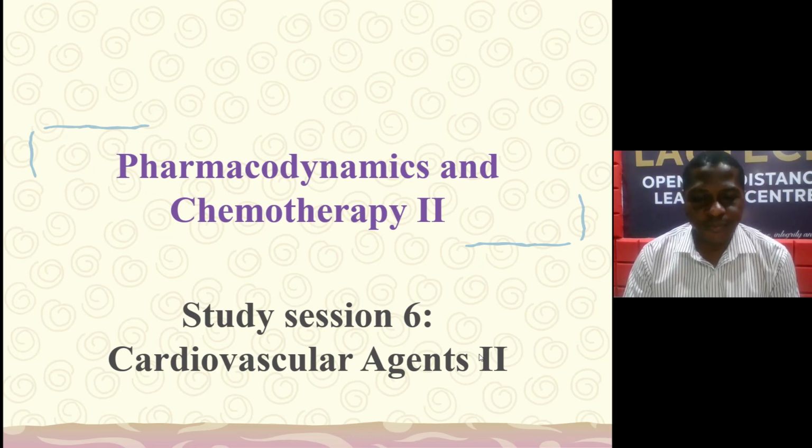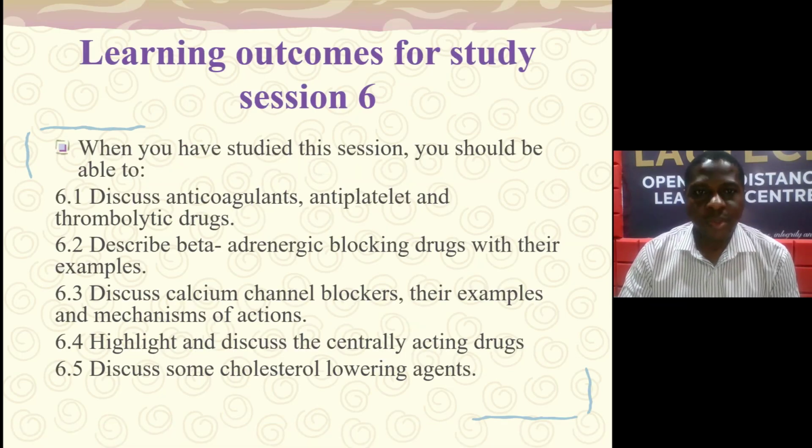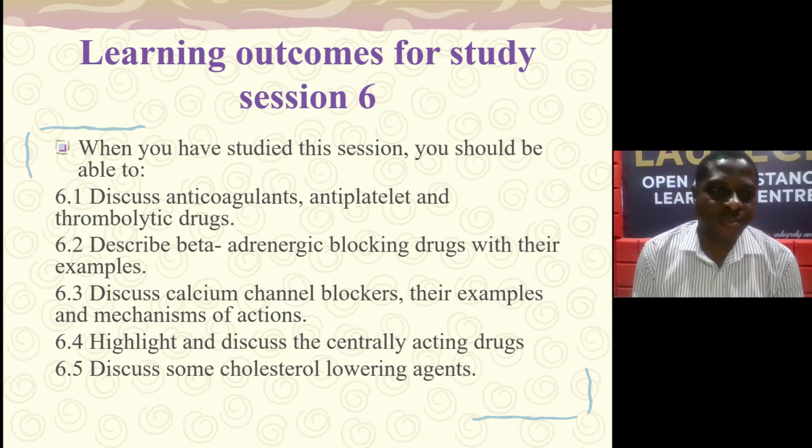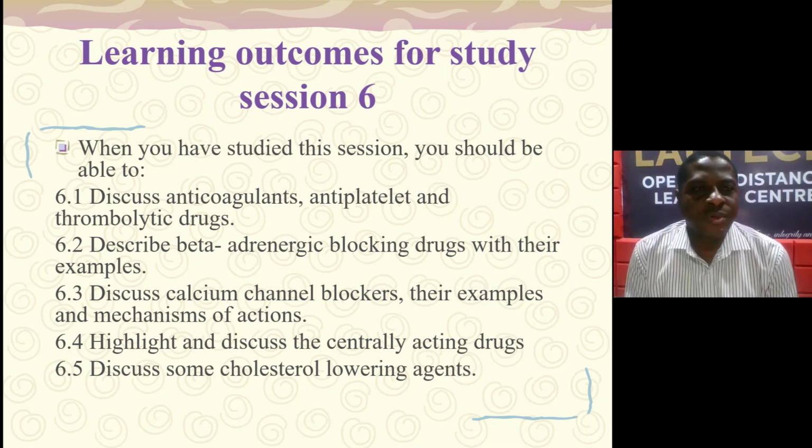These are our learning outcomes for this study section. That by the end of this study section, you as learners should be able to, one, discuss anticoagulants, antiplatelet, and thrombolytic drugs.